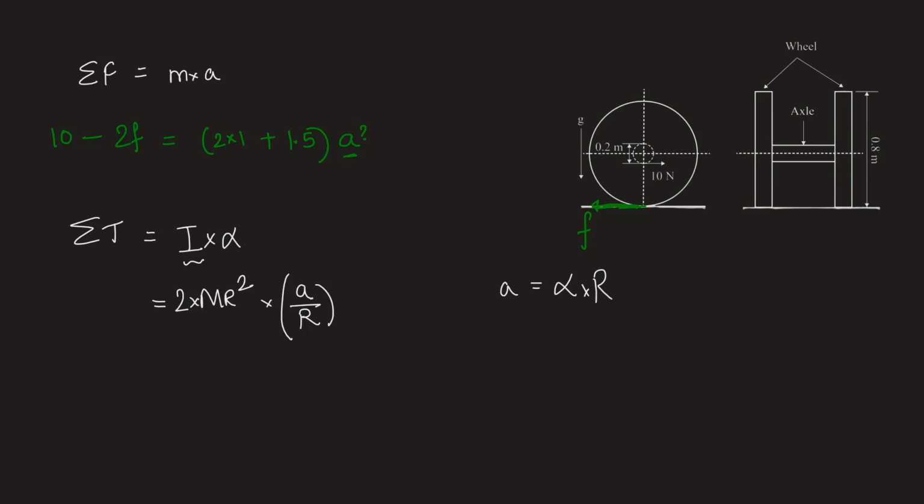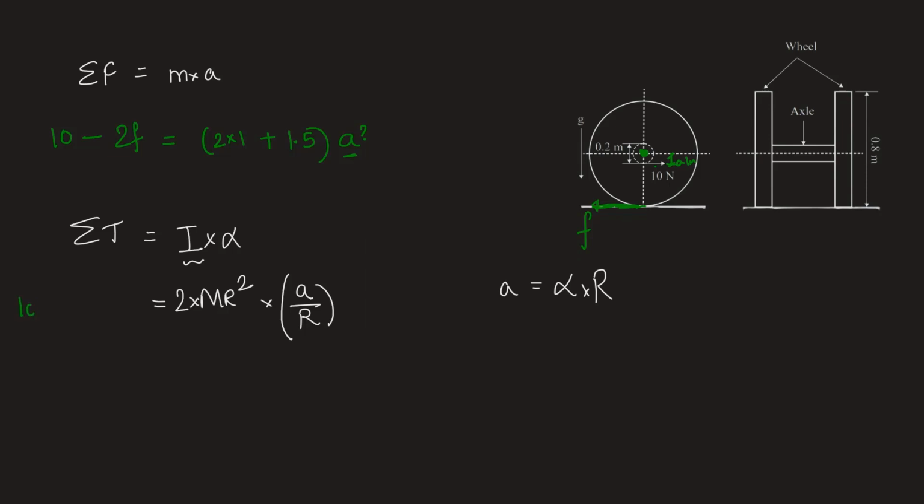On the left hand side we will have the summation of the torque. Torque is also a result of these forces, 10 Newton and the friction force, because they are not at the center, they are away from the center. So taking moment about center of the wheel, we will have 10 into 0.1 meter, because this distance should be half of the diameter of axle.